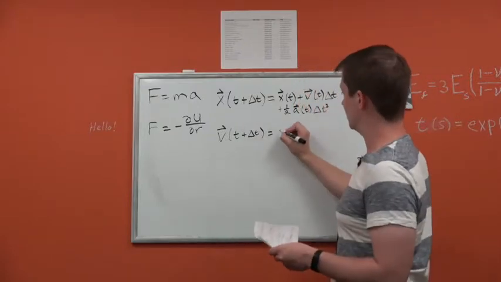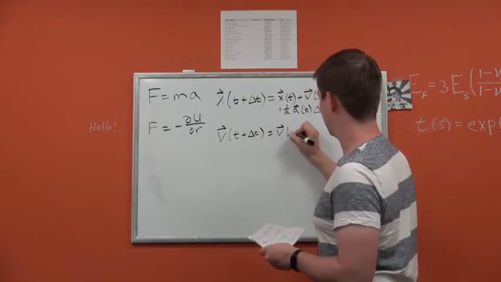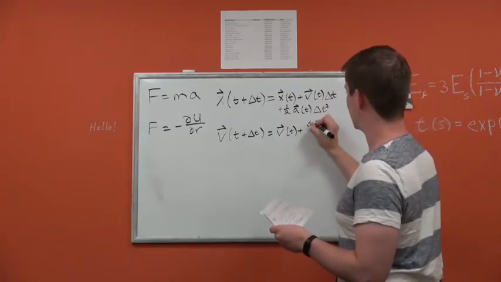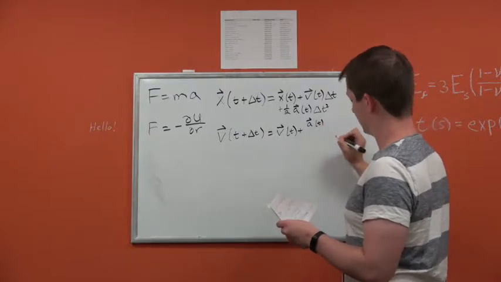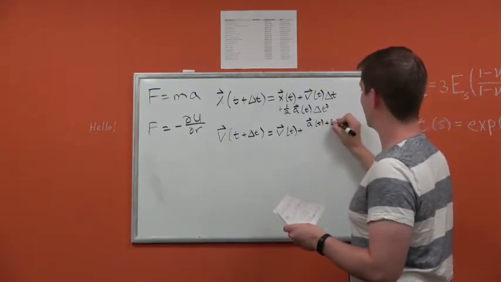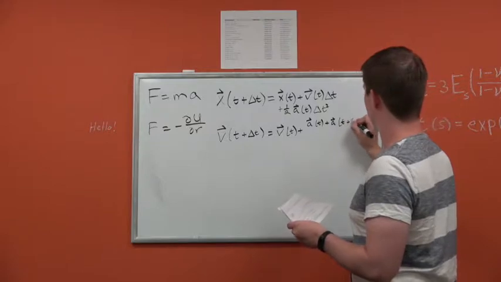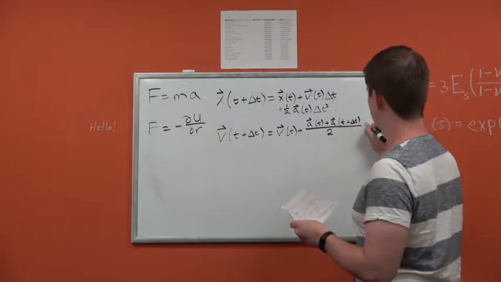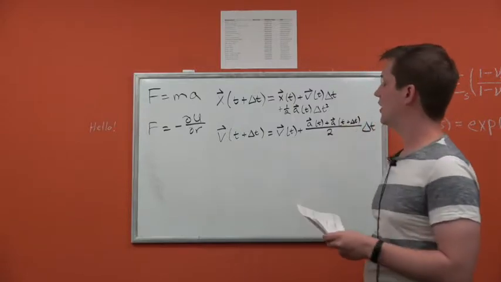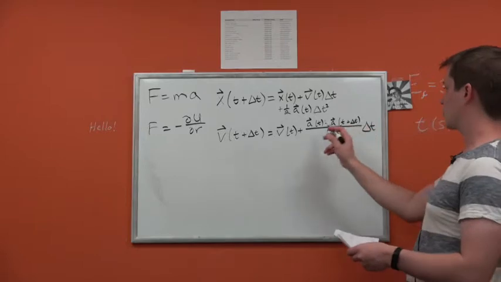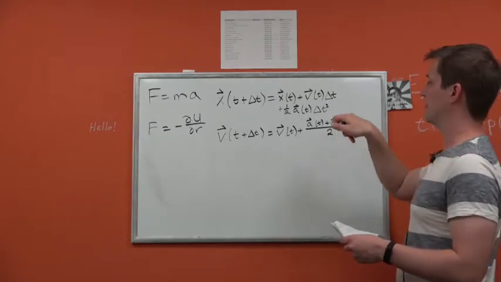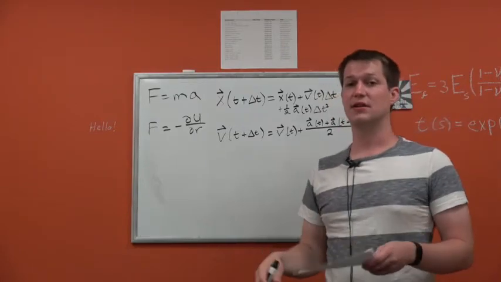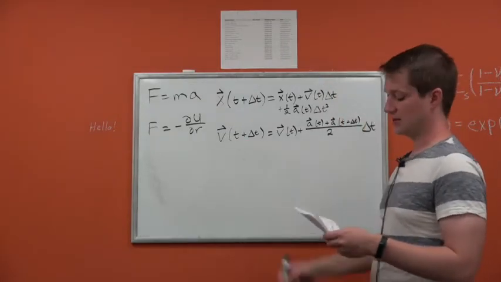That's going to be equal to v of t plus the acceleration at the old time plus the acceleration at the new time over 2 times delta t. This is a little complicated and a little weird because we've got both the acceleration at the old time and the acceleration at the new time as things that update this velocity.